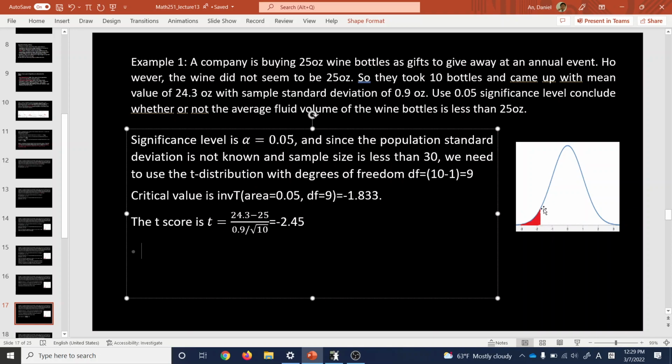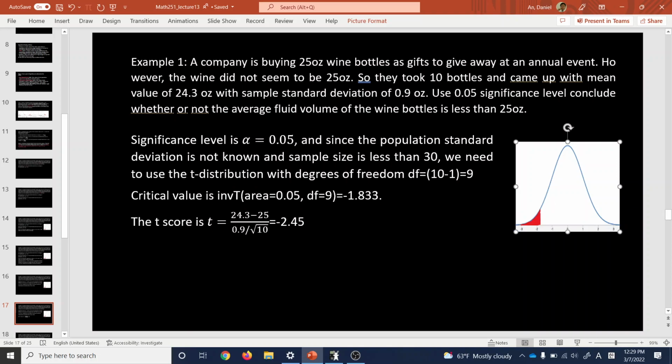See, this boundary right here, what's its x coordinate? Can somebody tell me what this boundary x coordinate is? Maybe I should copy this.